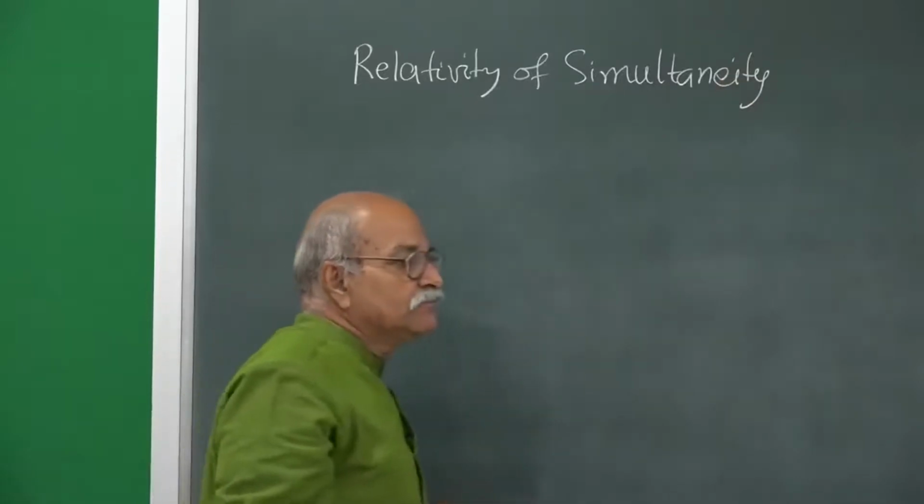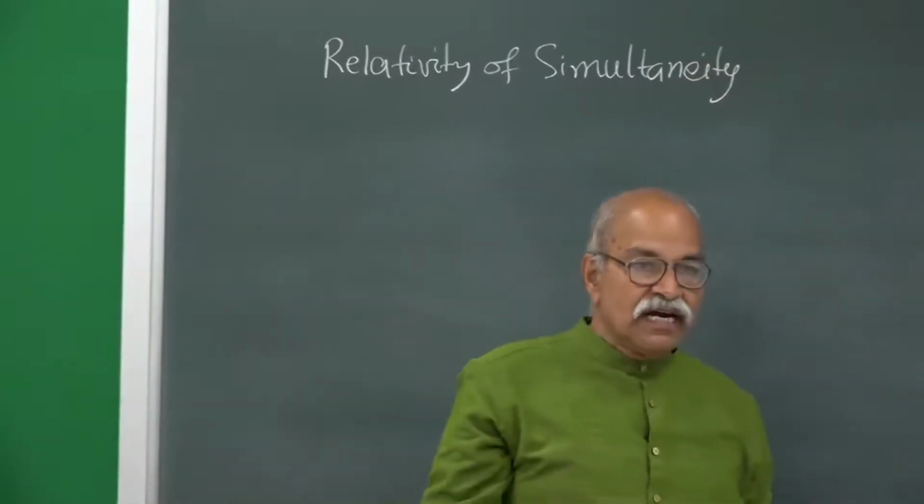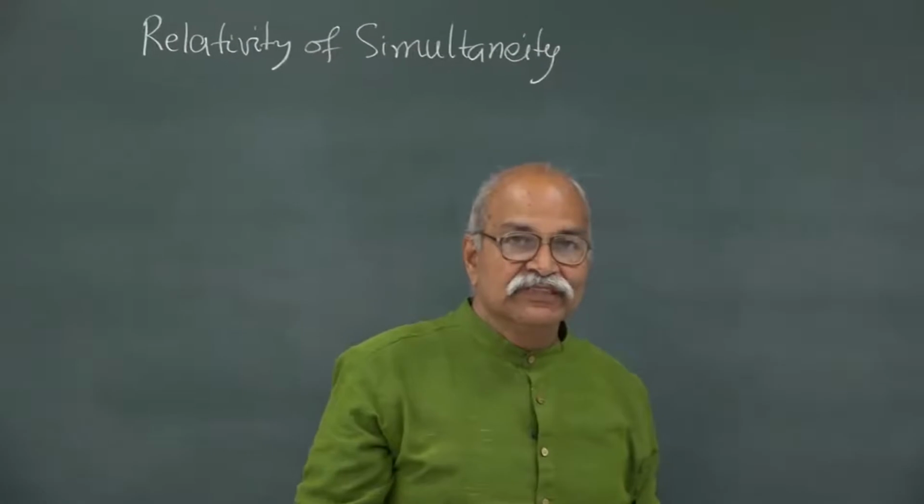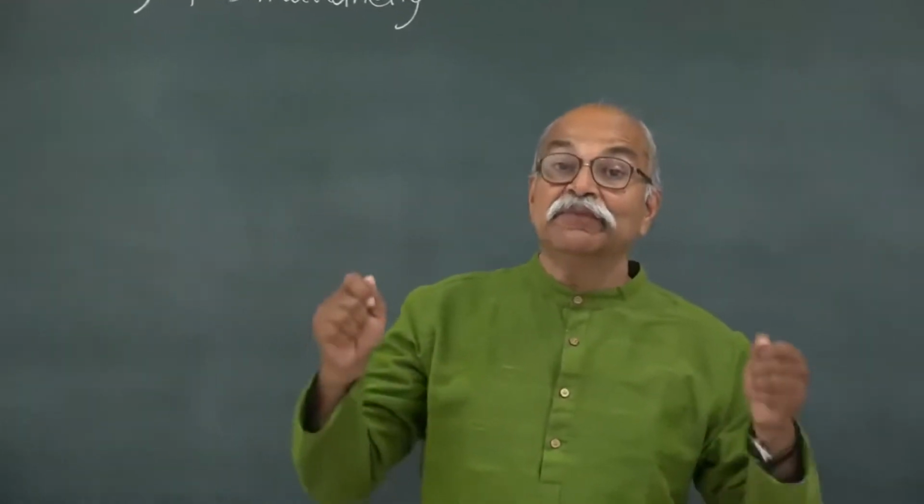What does it mean? Two events are simultaneous, that means they occur at the same time, at the same instant. This simultaneity is also relative. In one frame the two events may be simultaneous, but in other frame they may not be simultaneous. One has occurred before the other, that is possible.